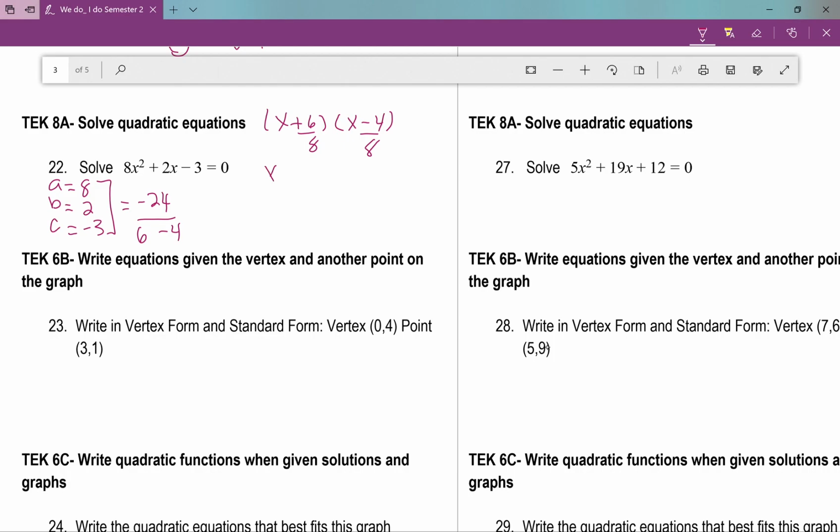So we have x plus 3/4 equals 0. And 4 over 8 reduces to 1/2. So we have x minus 1/2 equals 0. And when we subtract those numbers to the other side, this one we get x is equal to -3/4 and x is equal to 1/2.